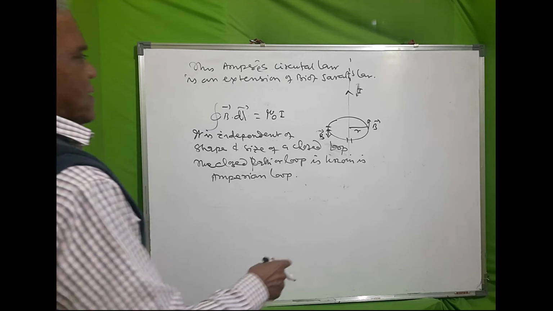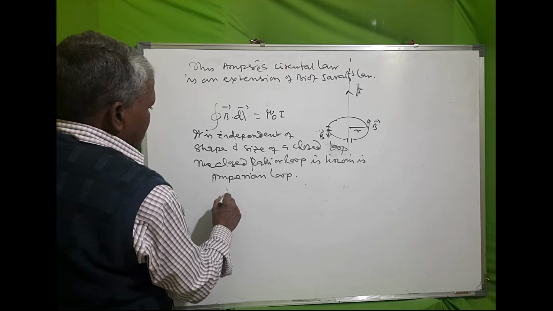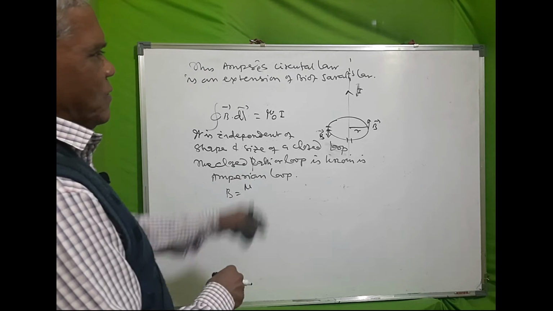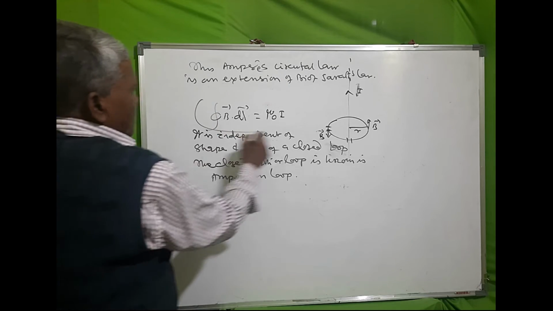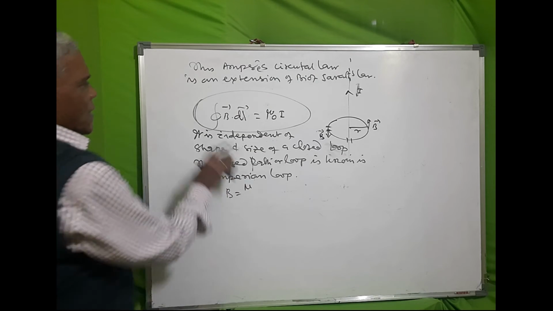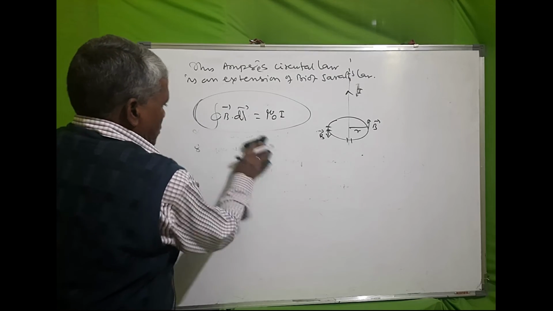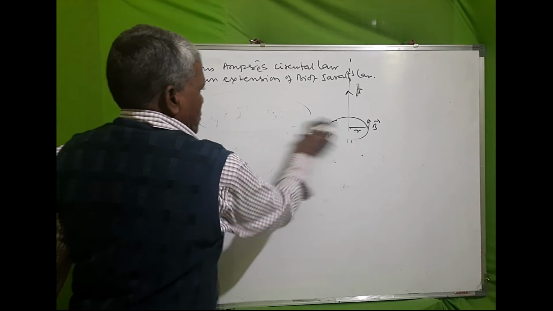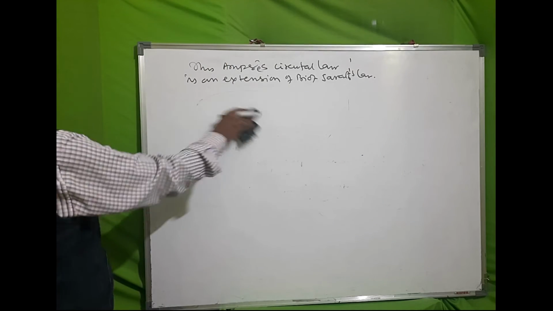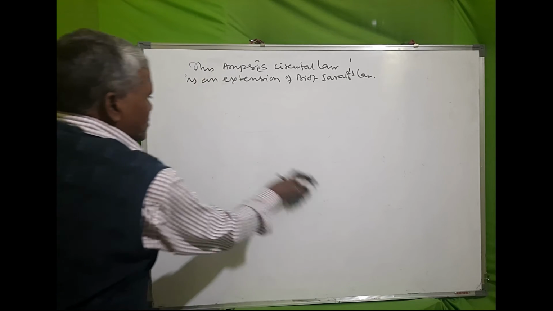And in the case of a straight conductor, since the integral of B dot dl is equal to mu 0 I, in the reverse way we can find the magnetic field due to a straight conductor. As was found in Gauss law, which was an extension of Coulomb's law.